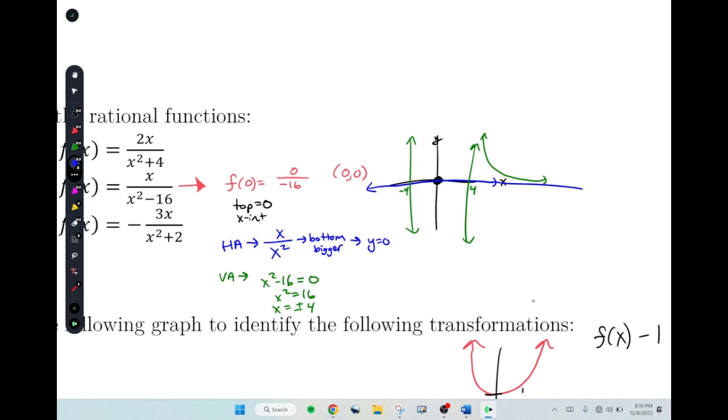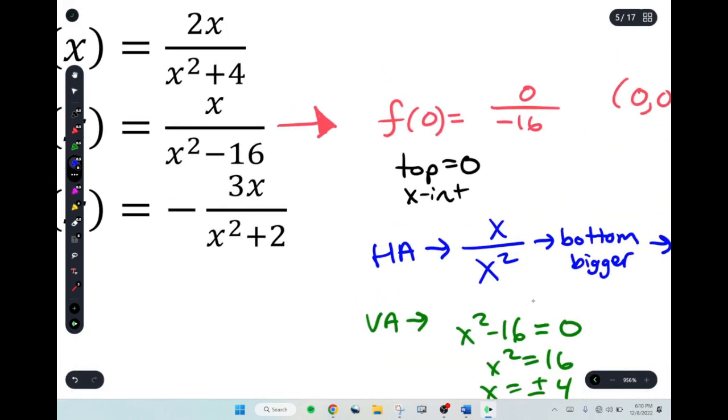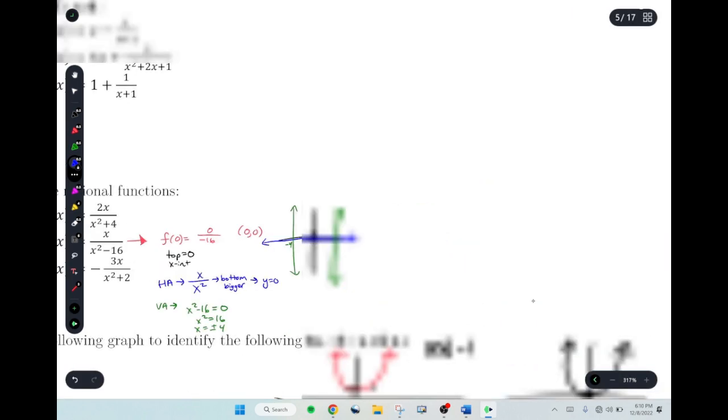You plug in 5, you're going to go 5 over 25 minus 16. You plug in negative 1,000,000, positive or negative number? Negative, right? Because the bottom one is positive, so it's going to flip.